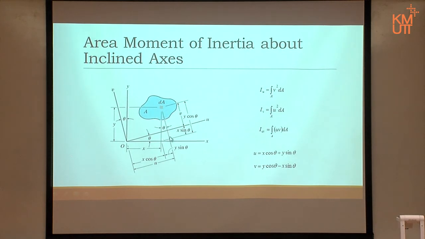That one is y cosine, so that one is y sine theta. So that pairs. Therefore, u is equal to x cosine theta plus y sine theta. And once we work out that form, we are going to substitute each of these into the integrals, of course.